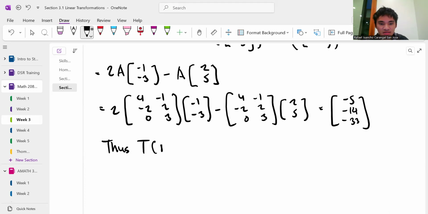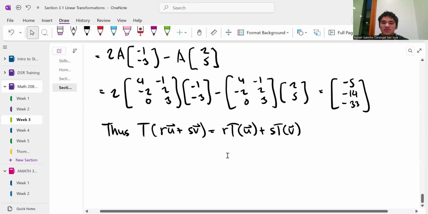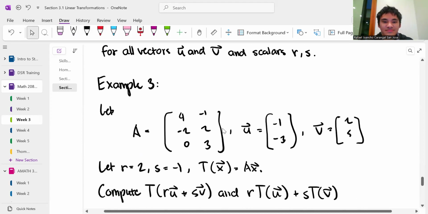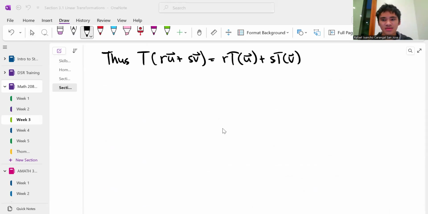So we say that T of RU plus SV is equal to R T of U plus S T of V. So it's a linear transformation. Cool.